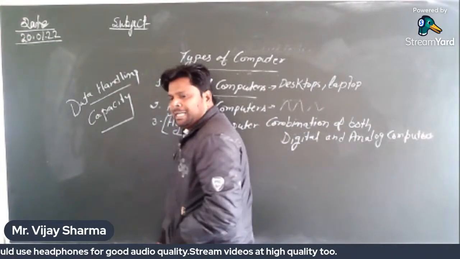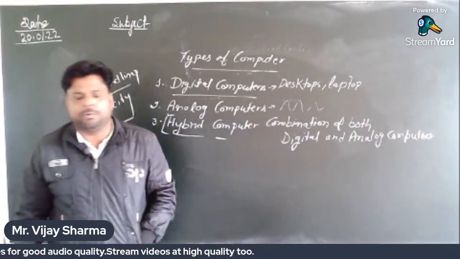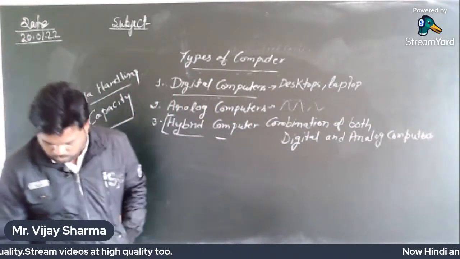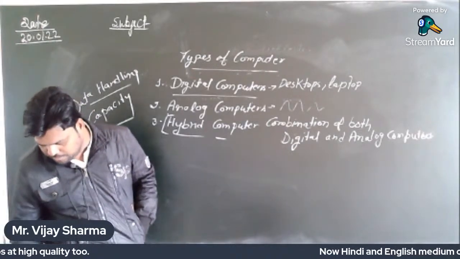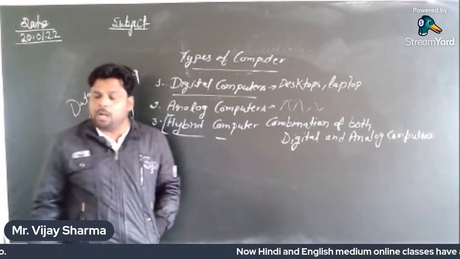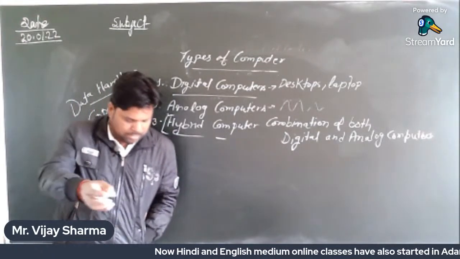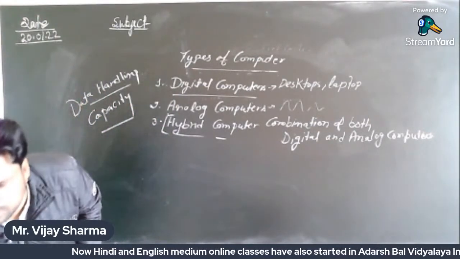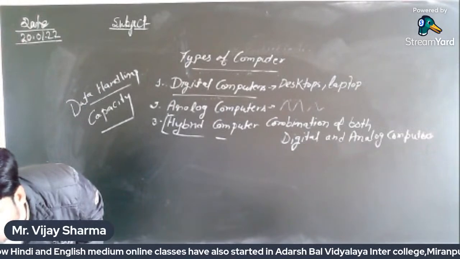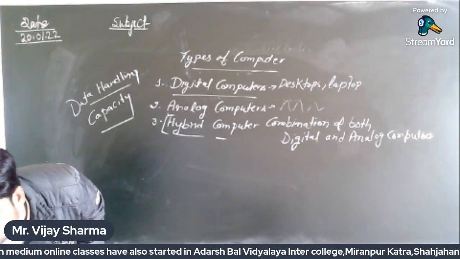So in simple words, with the help of a hybrid computer, we can do both things which are done by analog and digital computers. I think all of you understand what is digital, what is analog, and what is hybrid.